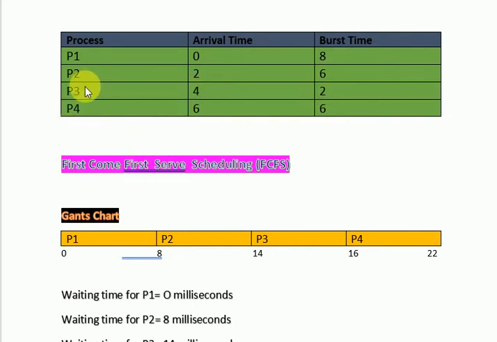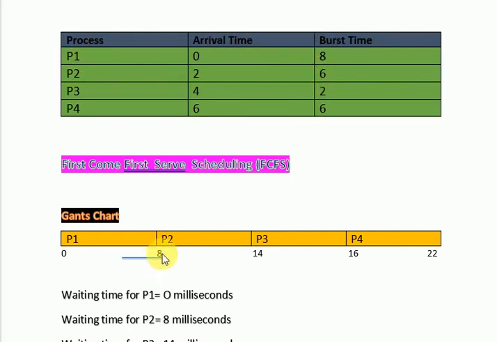Okay, P2: arrival time 2 and burst time is 6. Now see here, P1 is 0 and P2 starts at 8, because the process 1 execution time is 8.